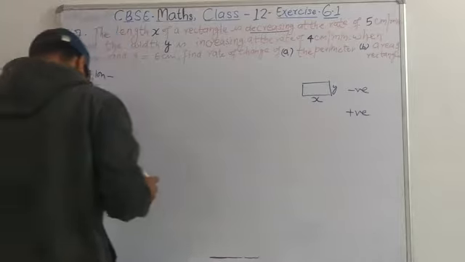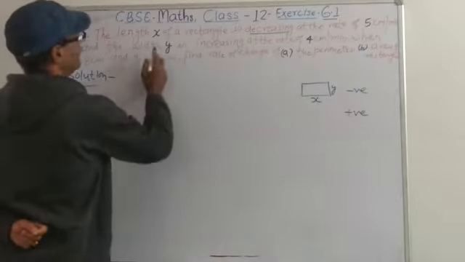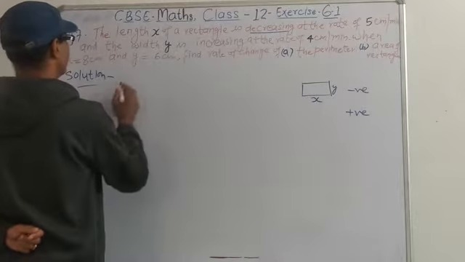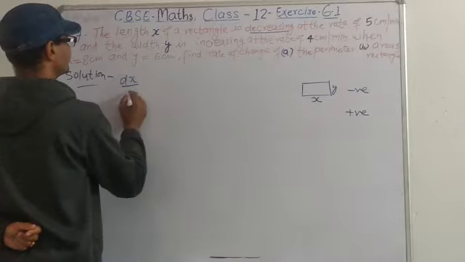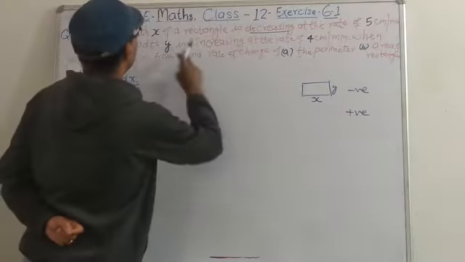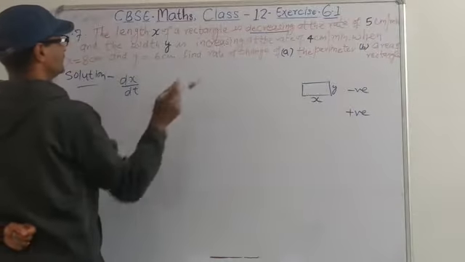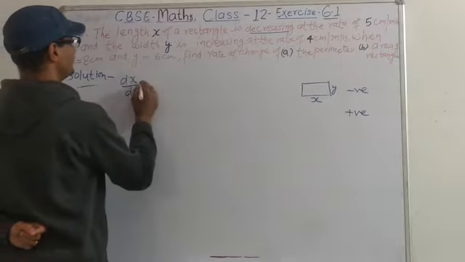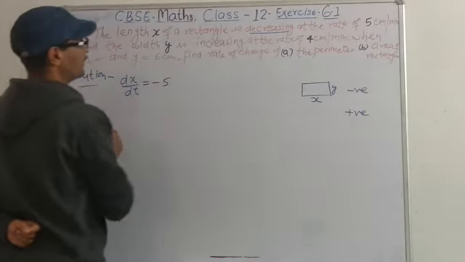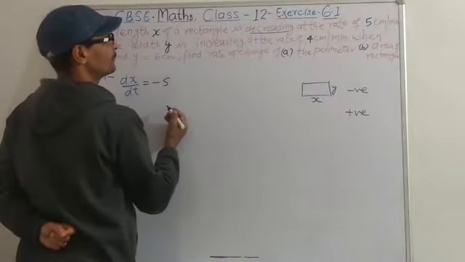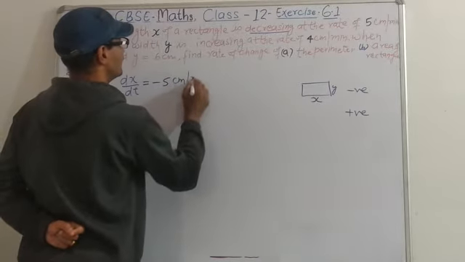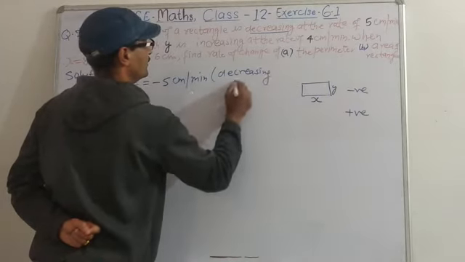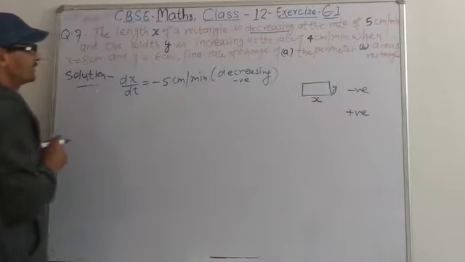So this x is decreasing, that means rate of change, that means dx by dt. 5 centimeter, centimeter is the unit of length and minute is time. So dx by dt is equal to minus 5. Why do we take minus 5? Because it is decreasing. 5 centimeter per minute decreasing, negative sign we can take for dx by dt.